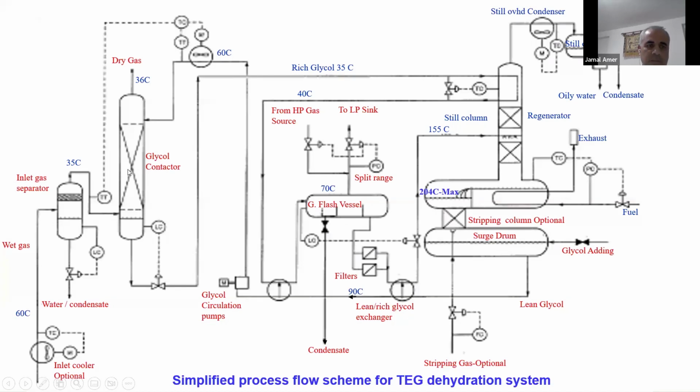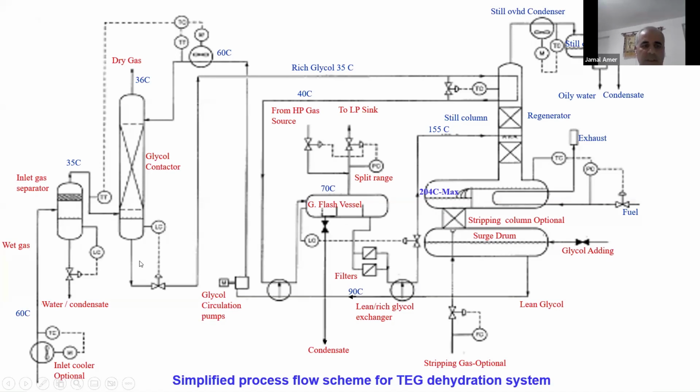Here there will be contact between the gas and the glycol. The glycol will absorb the water from the gas, giving us the required water vapor content in the exported gas.